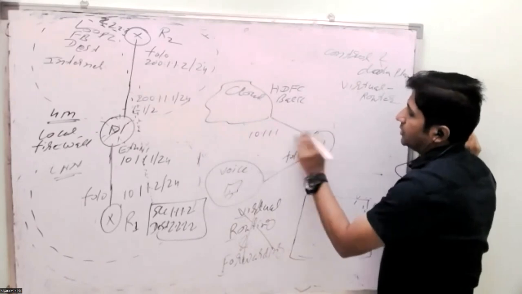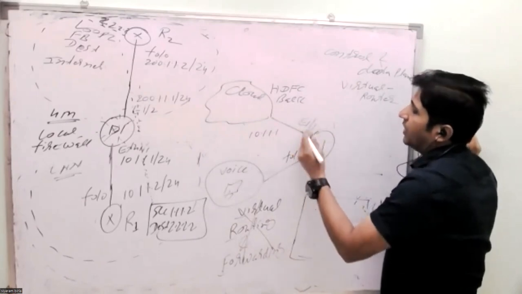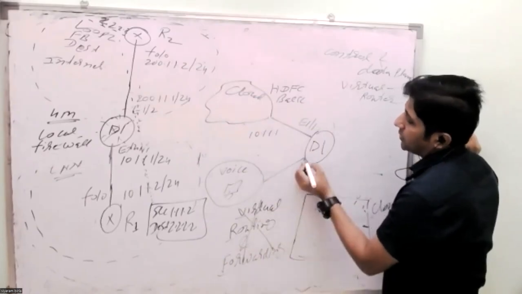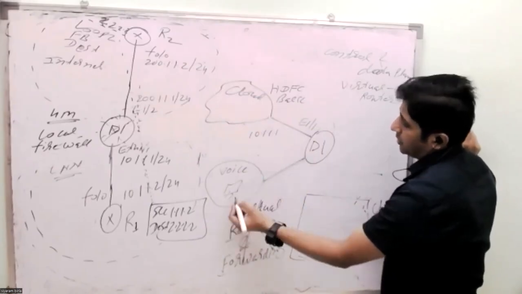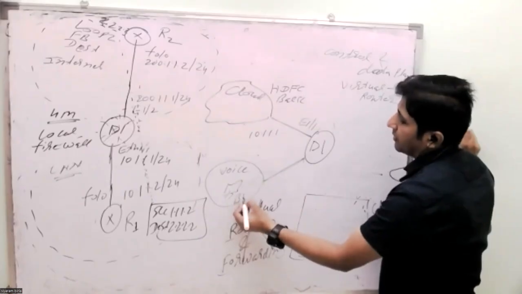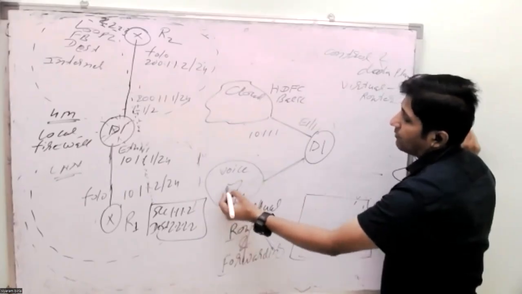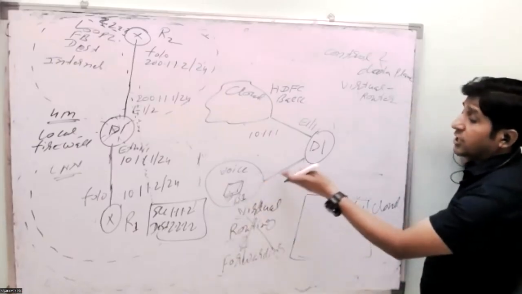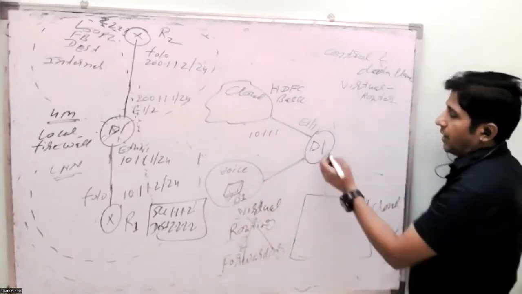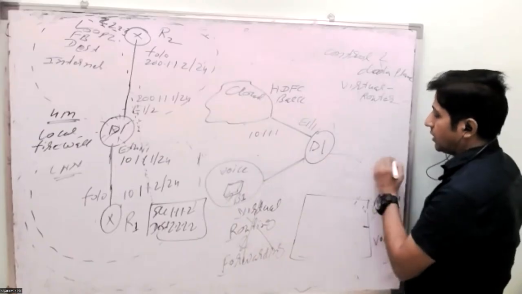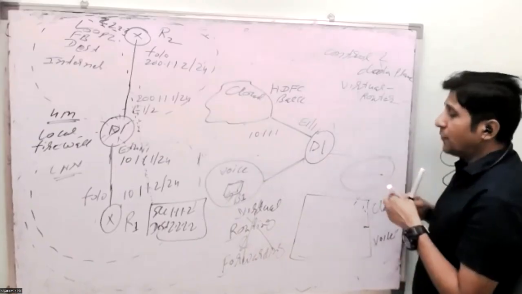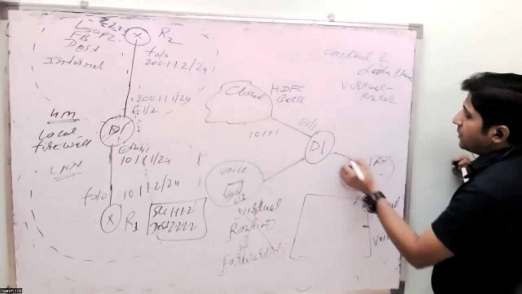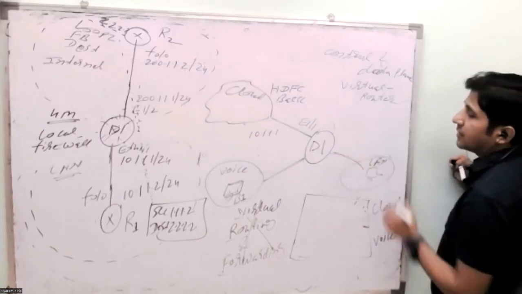This interface, Ethernet 1/1, is connected to the cloud, and there will be some kind of server, like a provider, and the provider has a voice server. This voice server is related to voice traffic, because in our LAN there are IP phones, many IP phones.